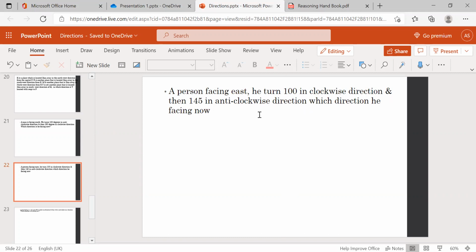In which direction is he facing now? They're asking 100 degrees in clockwise direction and then 145 degrees anti-clockwise direction.